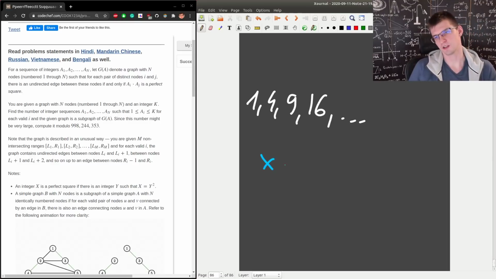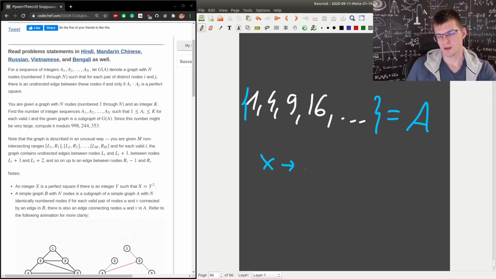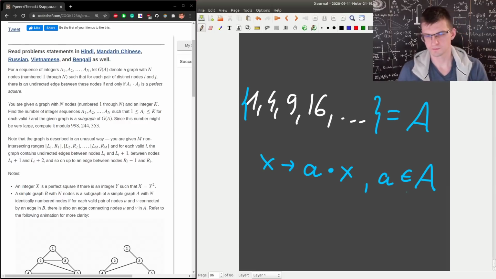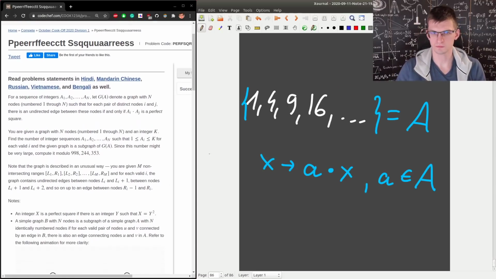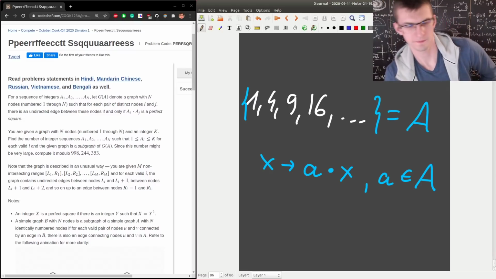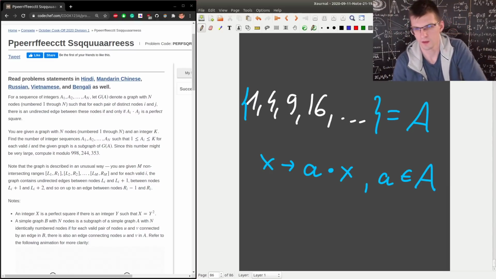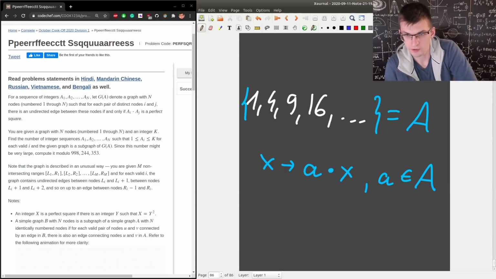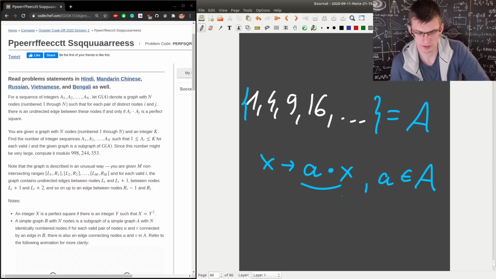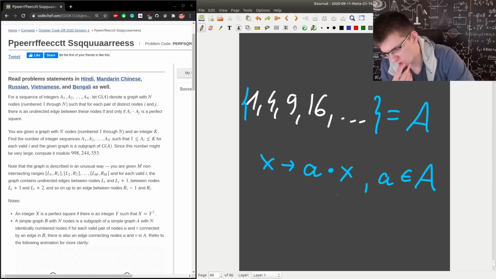Now for every x, if I say that this is set A, I want to count how many values a times x there are, such that a is from this set. Okay, and for a lot of values x, the answer will be the same. This is up to k.